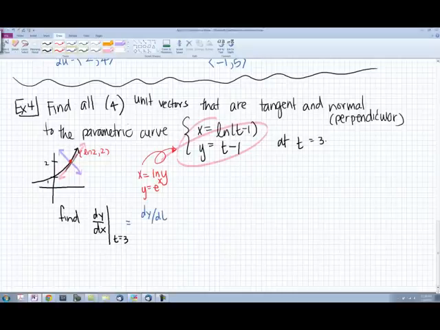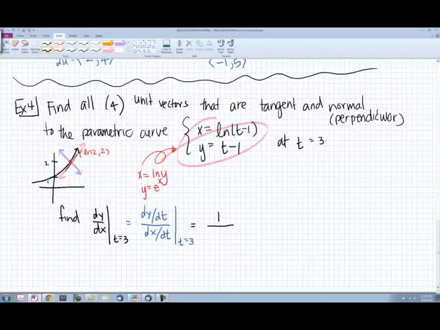We need to find dy/dt and divide that by dx/dt and evaluate at t equals 3. So for our parametric equation that's given above, what's dy/dt? What is the derivative of y with respect to t? It should be easy, it's 1.